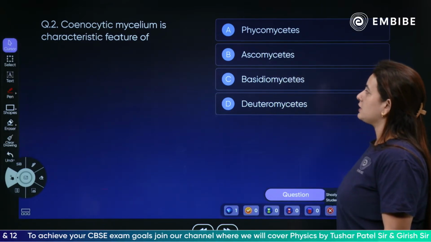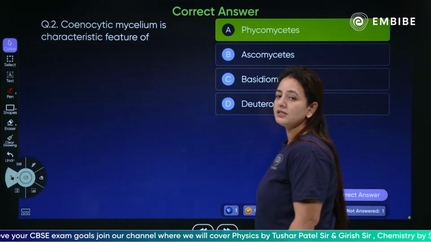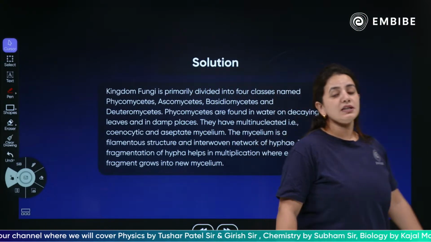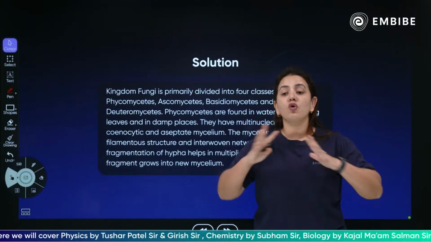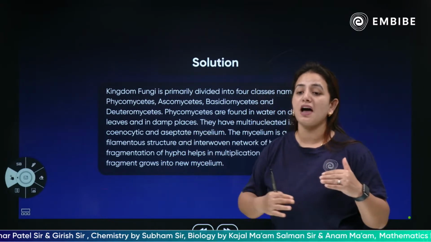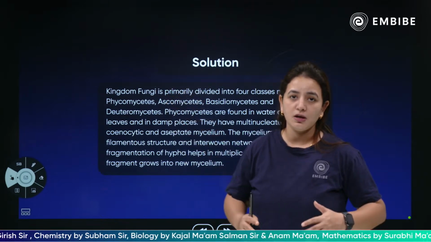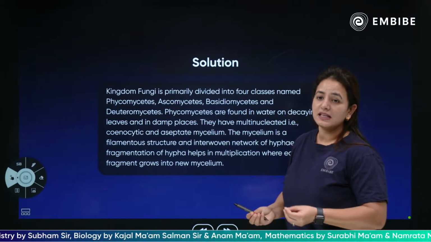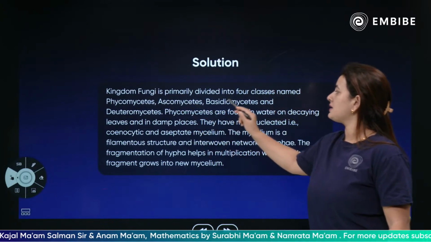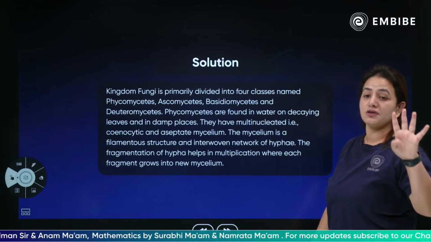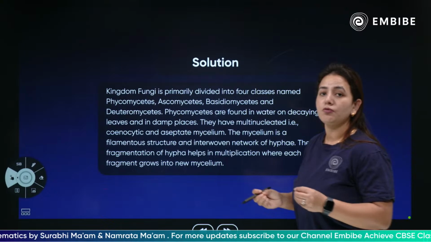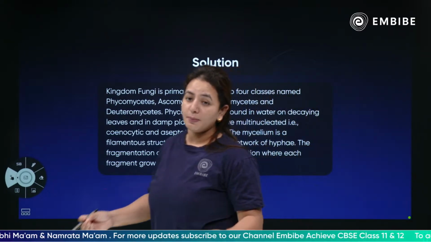Of course, the syncytial mycelium is a major characteristic of Phycomycetes. What is a syncytial mycelium, children? A syncytial mycelium is one in which there is no separation, no septa present, and all the nuclei are freely floating in the cytoplasm. That condition of a mycelium is called syncytial condition. Among the four classes of fungi, Phycomycetes, Ascomycetes, Basidiomycetes and Deuteromycetes, Phycomycetes are found in water, on decaying leaves, in damp places.